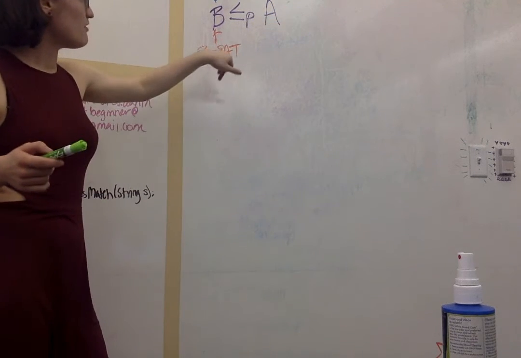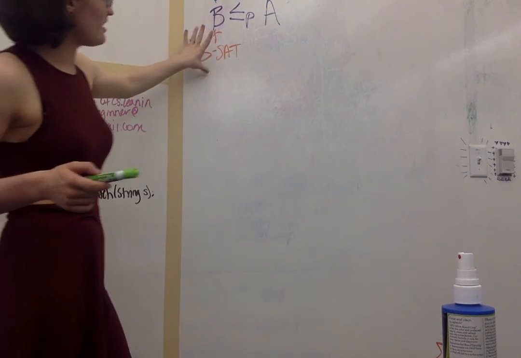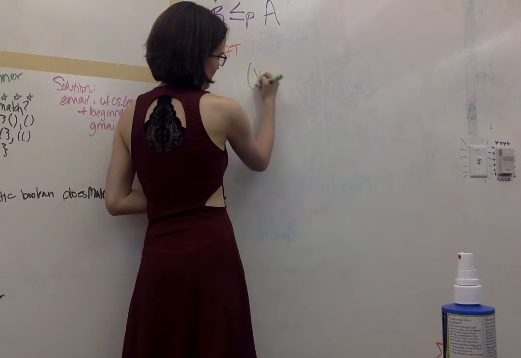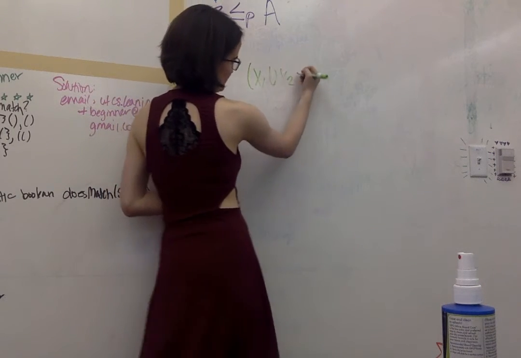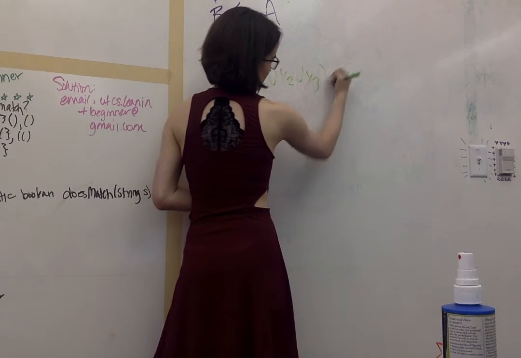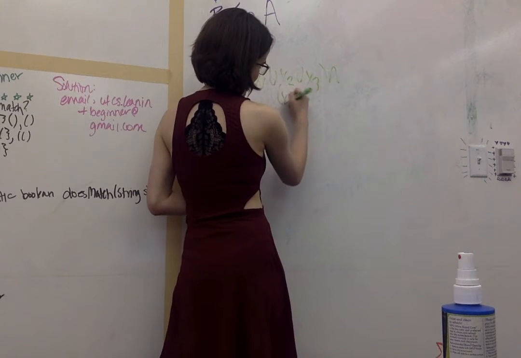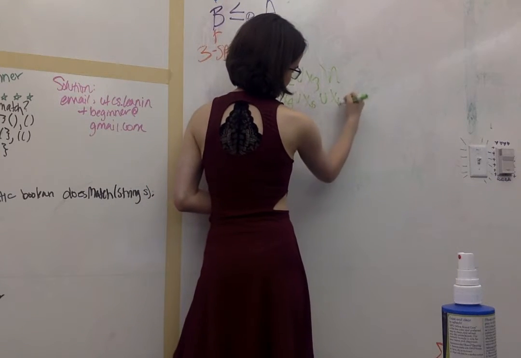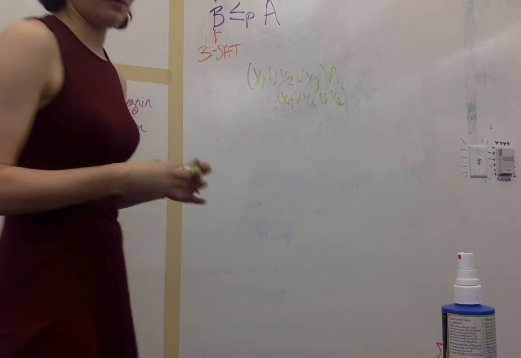So we're going to take a 3SAT and make it 3-colored. So let's say that our 3SAT is (x1 or x2 or x3) and (x4 or x5 or x6), right? So that's what we're going to start with.